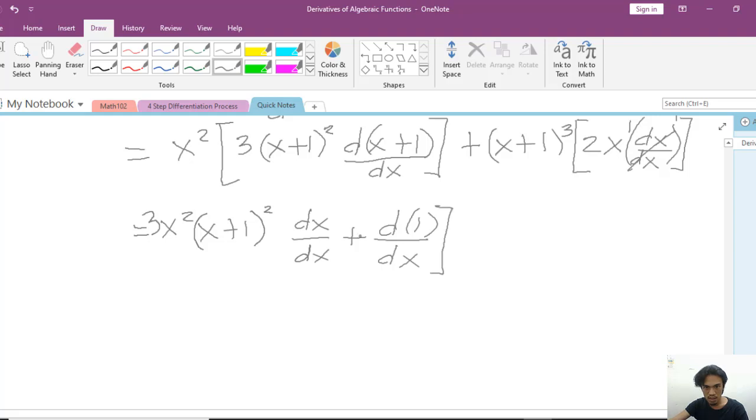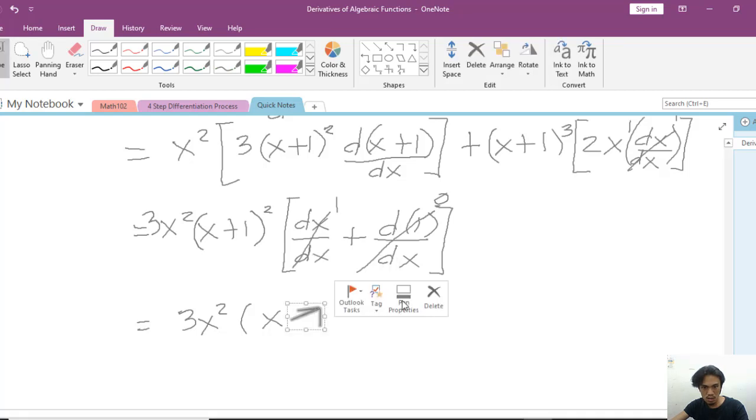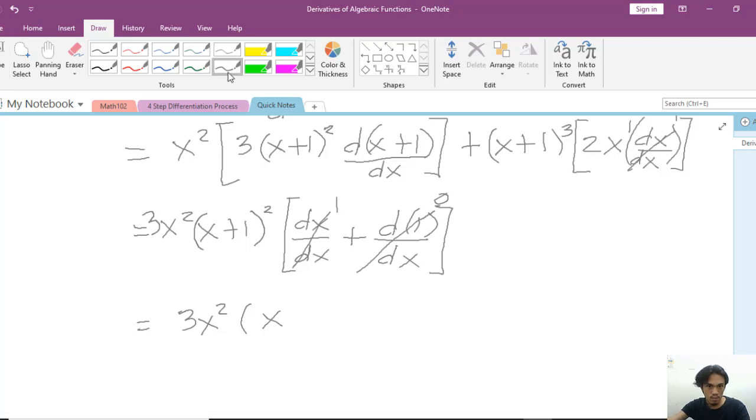Don't forget the parentheses. This is equal to 1 and this is equal to 0. So basically, 1 plus 0 is 1. 1 times this value is equal to 3x squared times (x plus 1) squared. It will be the same.